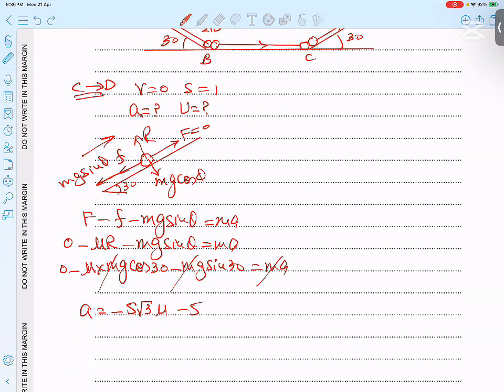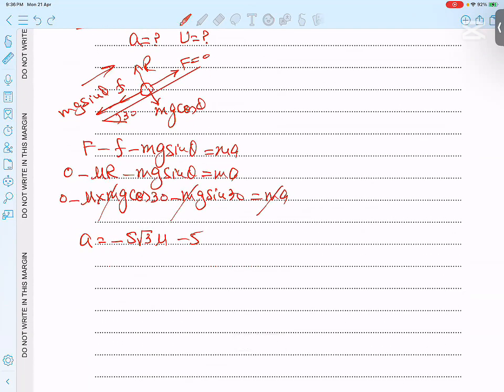Now with this acceleration, I can find u in terms of mu. What is the formula, students?